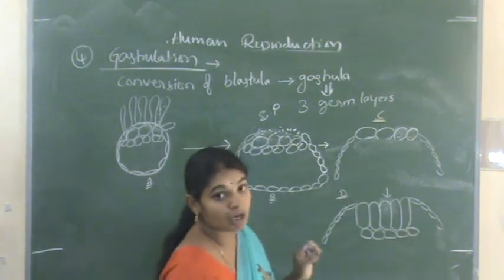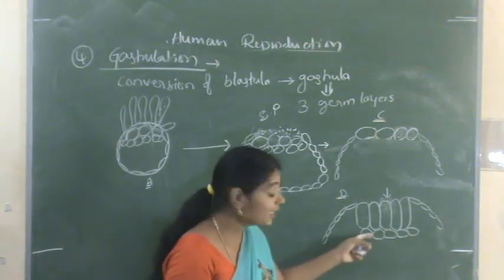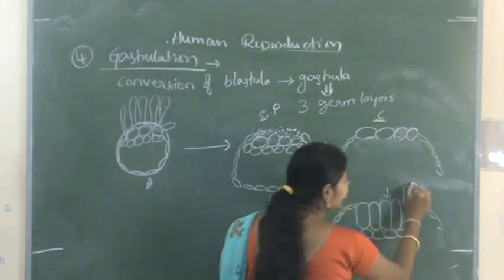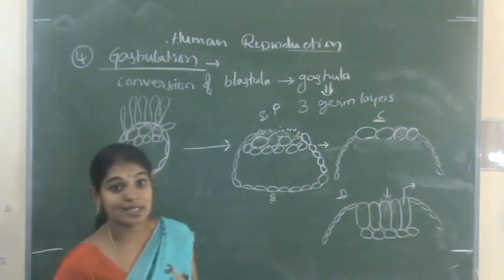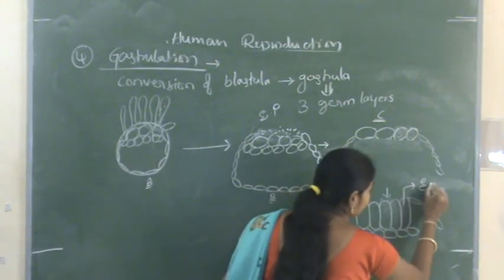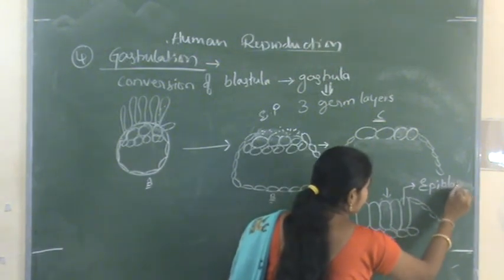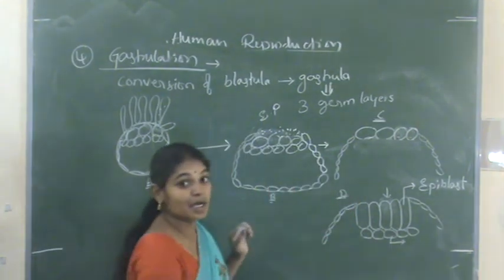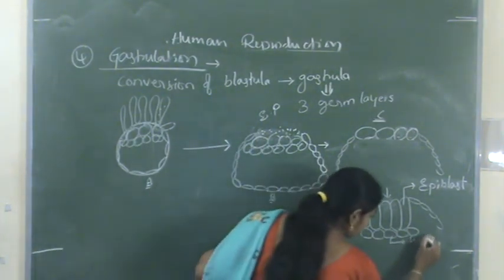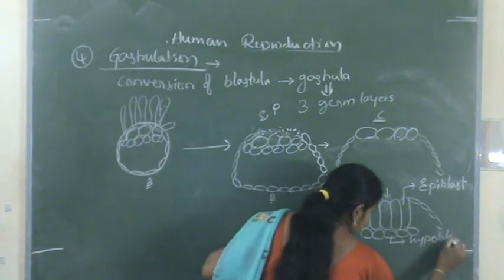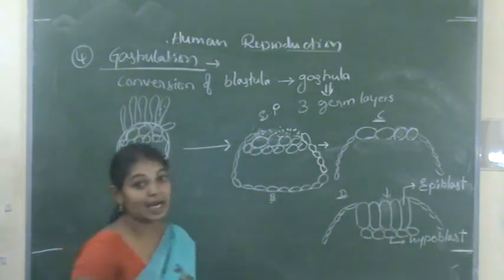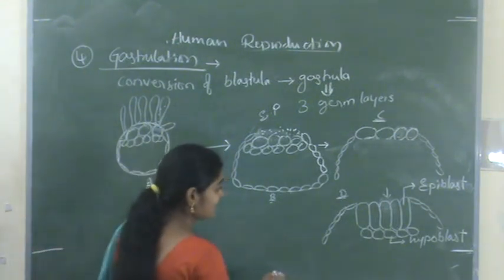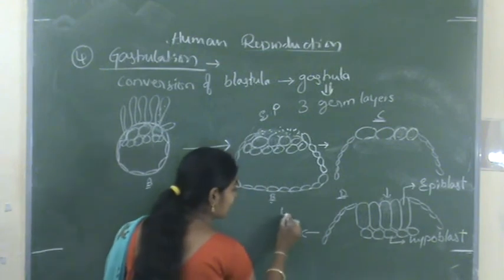The upper layer is columnar cells and the lower layer is cuboidal cells, and this upper layer is known as epiblast, and the lower layer is known as hypoblast.